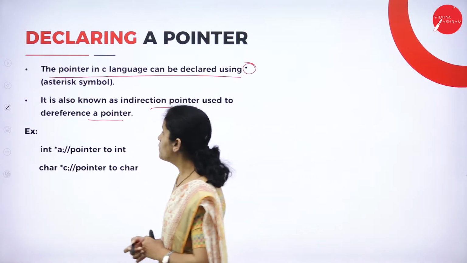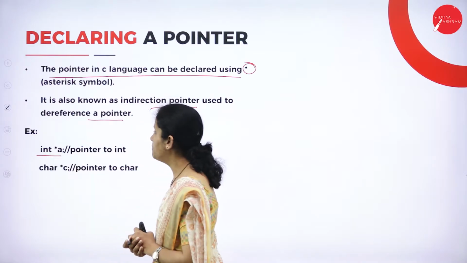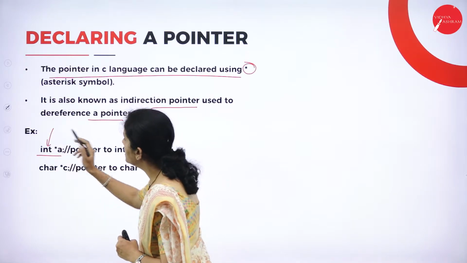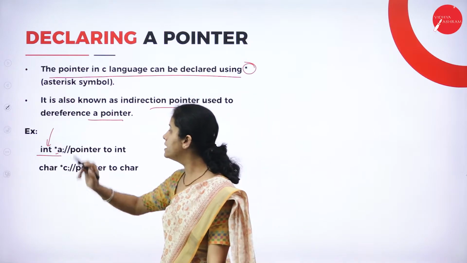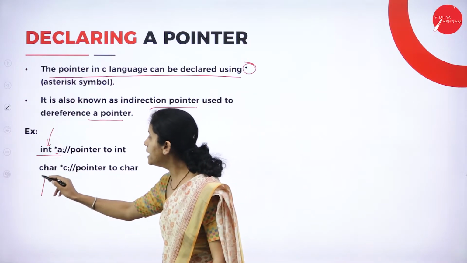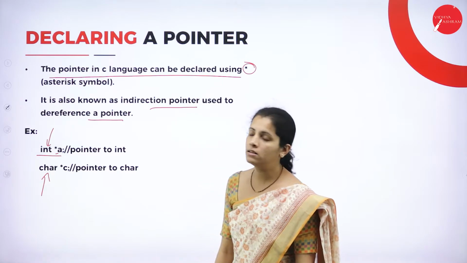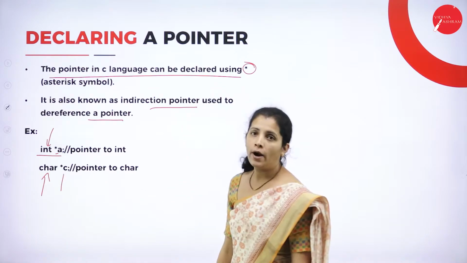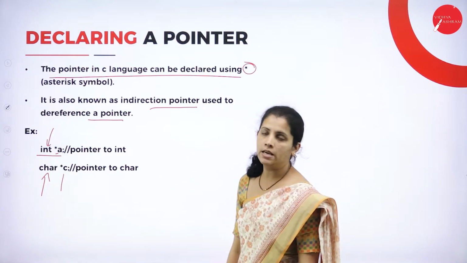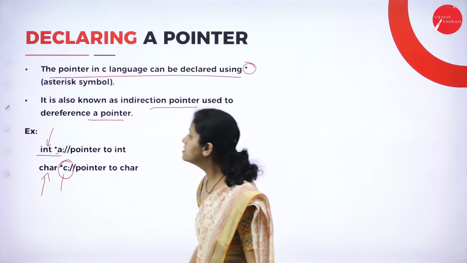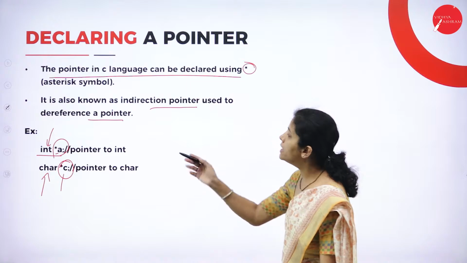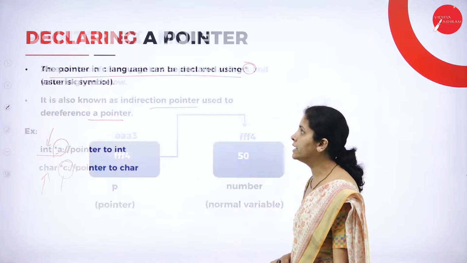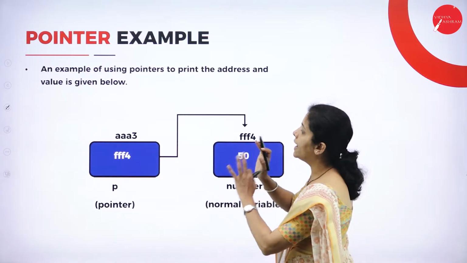Now, the example: my data type here is integer and my pointer name here is a, and my data type here is character and my pointer name here is c. So asterisk c or asterisk a is mainly used to represent a pointer. Now, this is the example.